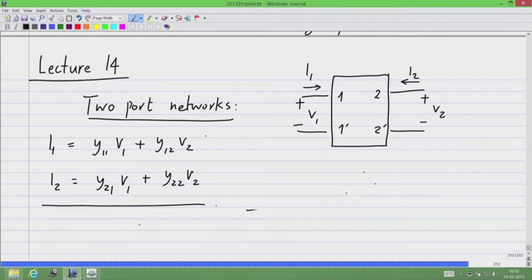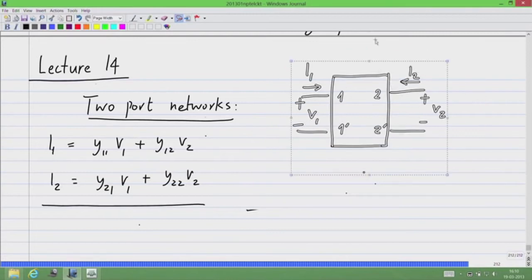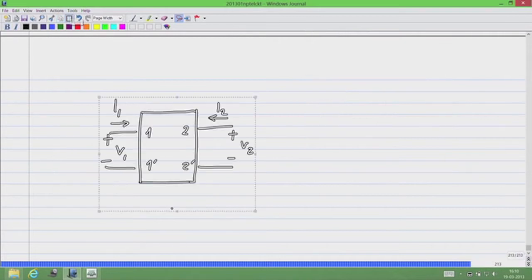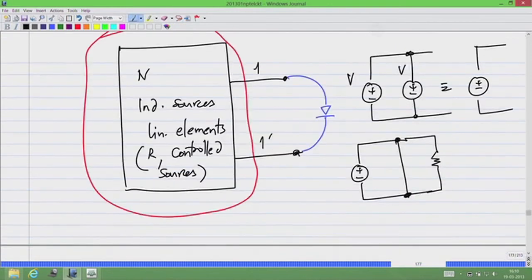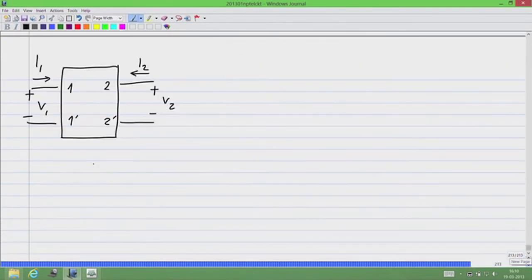Now this is not the only way to do it. We can also write the voltages as functions of currents. If we do that, we get expressions of this type where V1 and V2 are linear combinations of I1 and I2.